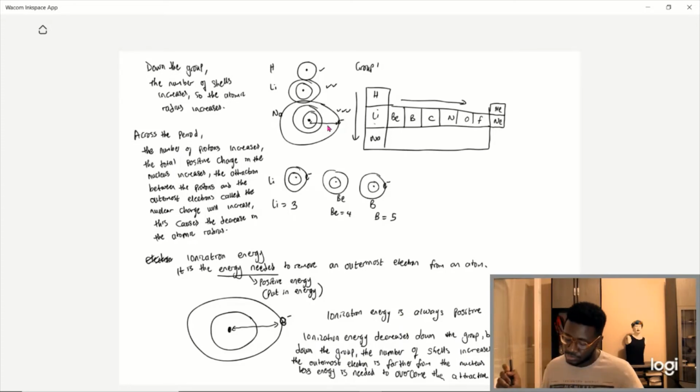Okay. So that is why the ionization energy decreases down the group.